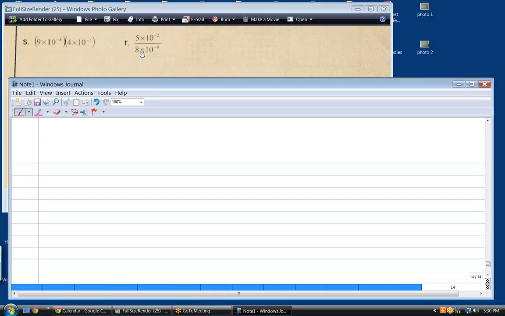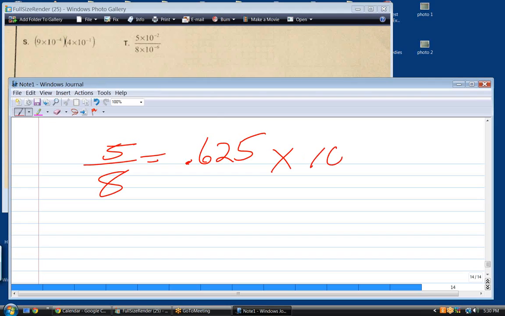So we're doing division here. So what do we do with the 5 and the 8? You subtract them? You divide. I can understand why you said subtract, but that's when we're dealing with exponents. If we're just dividing, we just divide. In other words, it's 5/8, which happens to also be equal to 0.625 times 10 to the what?